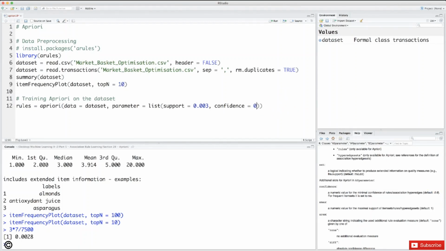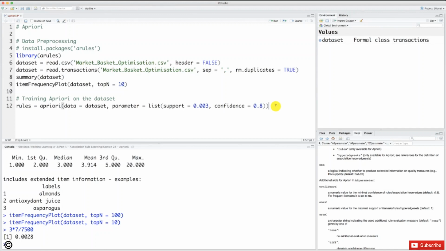I'm not saying we will get interesting results. You can already imagine what we're going to get, because 0.8 is a very high confidence. Try to guess what we'll get with this high confidence of 0.8, and don't worry, we will divide it by 2 to try some smaller confidences until we get some relevant rules.